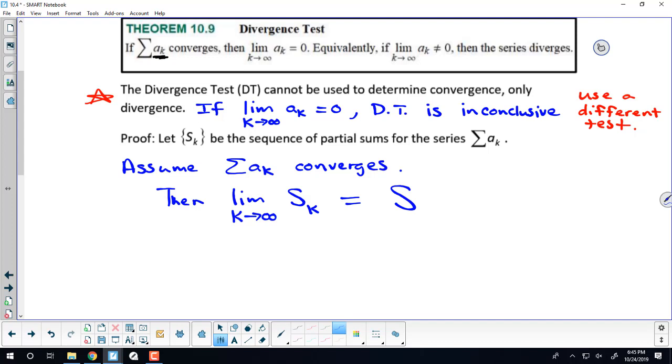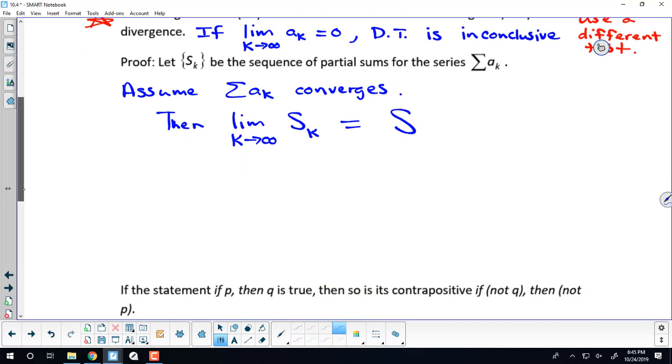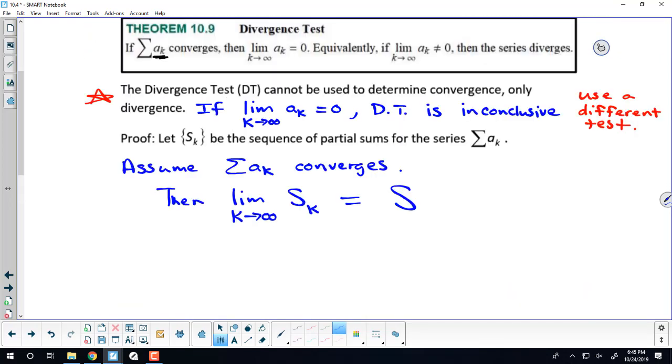Okay, and so what that also implies, if you've got a convergent series, is that the limit as k approaches infinity of the previous partial sum, the k minus 1 partial sum, would be what?